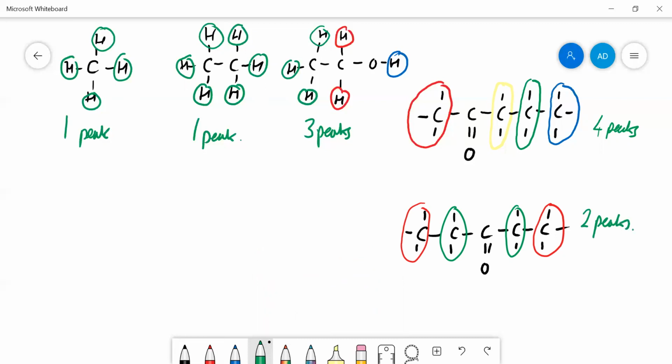So if you think about these 2 compounds, pentan-2-one and pentan-3-one, it would be very easy to distinguish them using NMR, because this one will give you 4 peaks and that would only give you 2.